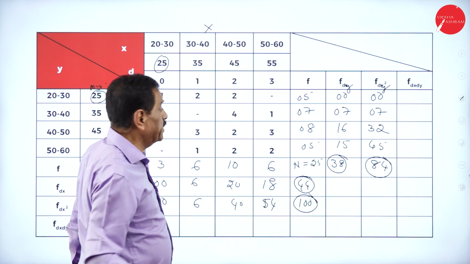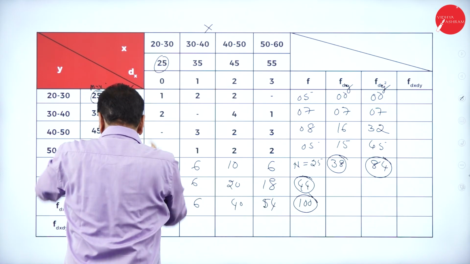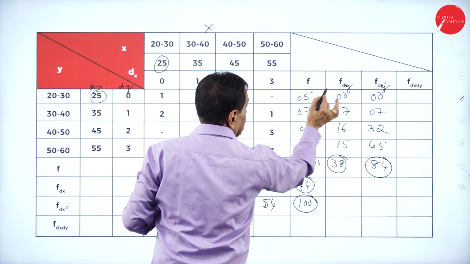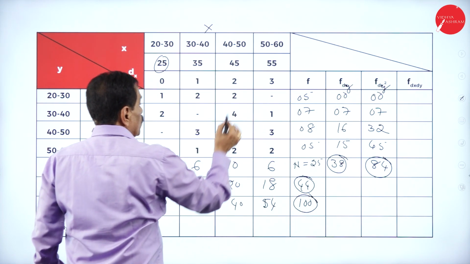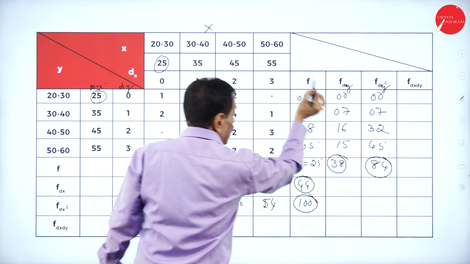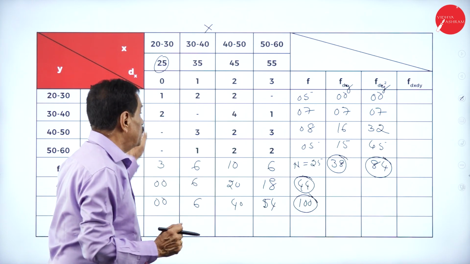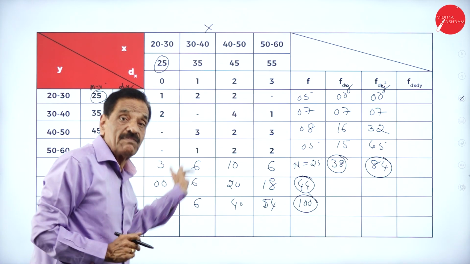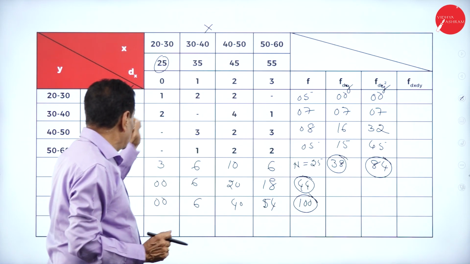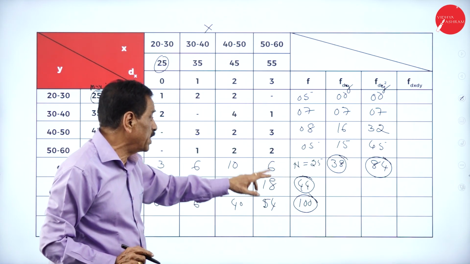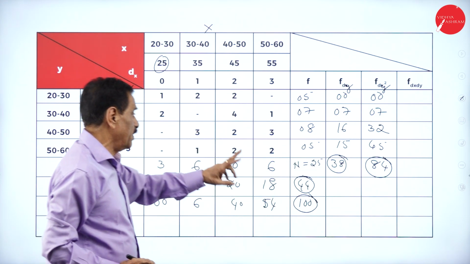If you understand these steps, I will repeat. Same numbers you have to follow. This is dy, this is dx, this is f dy square, f dx dy. 5 into 0 is 0, 0 into 0 is 0, 7 ones are 7, 7 ones are 7, 8 twos are 16, 16 twos are 32, 5 threes are 15, 15 threes are 45.